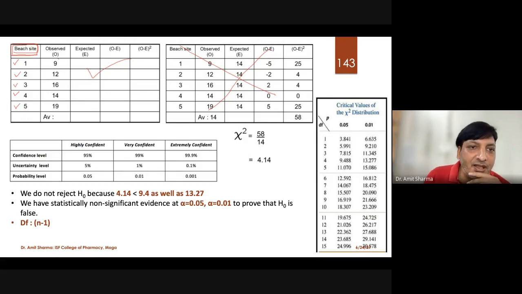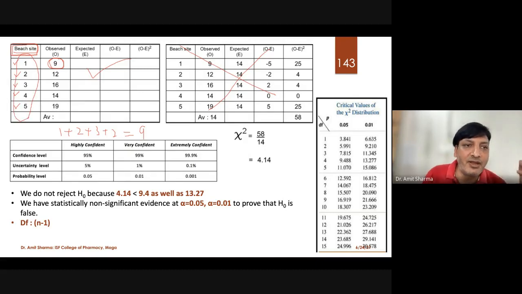Whatever you are seeing, this 9 here, is the reading of the whole month or whole week, and finally they got 9. So this is the data of 1 week, for 5 different beaches in a city.